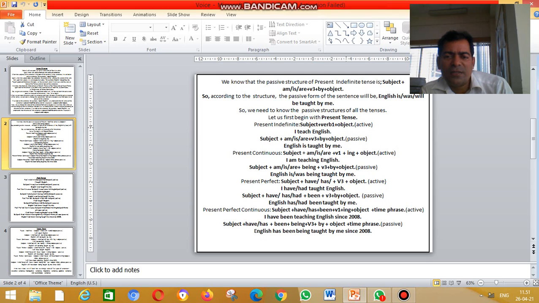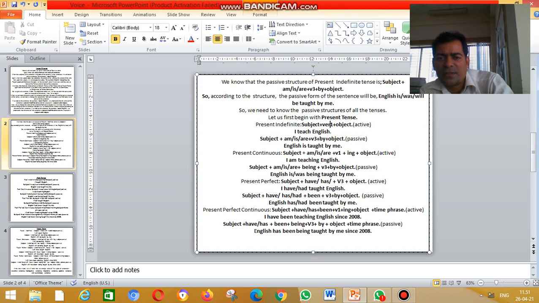Present indefinite tense, you see this structure: subject plus V1 plus object. So the sentence is, I teach English, subject plus V1 plus object. And if I look here, this is the passive structure of present indefinite tense: subject plus am, is, are plus V3 plus by plus object.